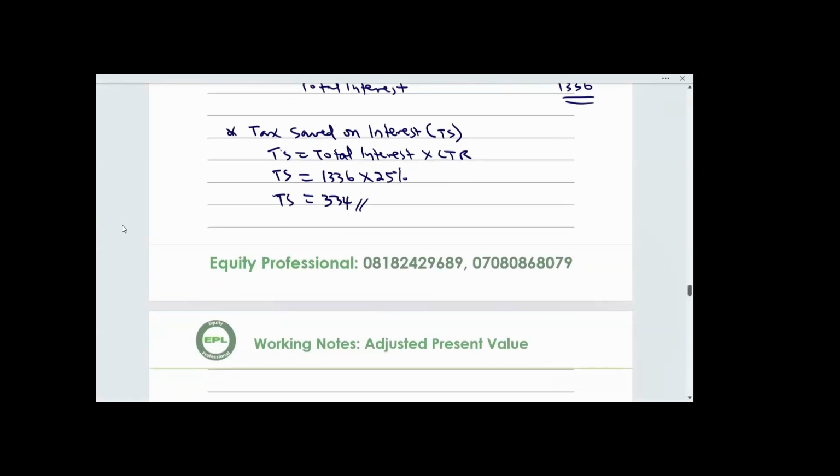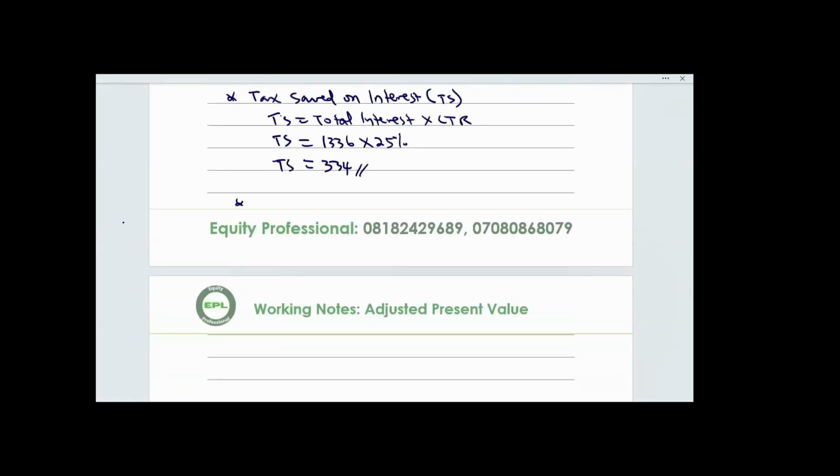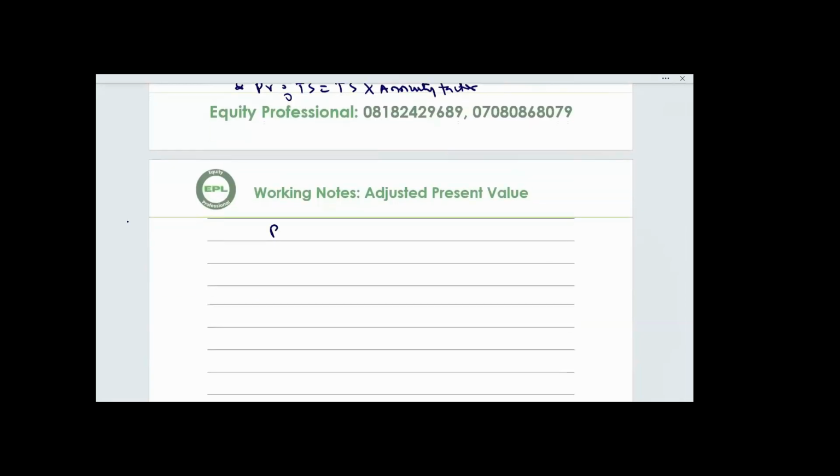So after this, you need to multiply with the annuity factor. So PV of tax saved will be equal to the tax saved multiplied by the annuity factor. In this case, PV will be equal to 334 multiplied by 3.349, which is the annuity factor.